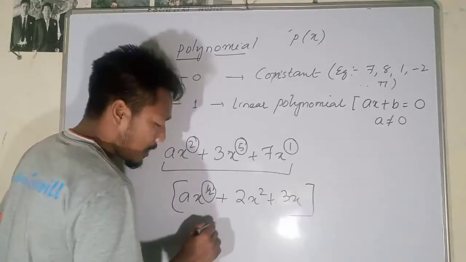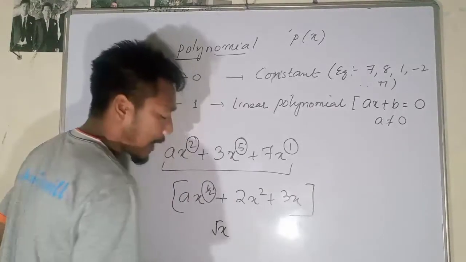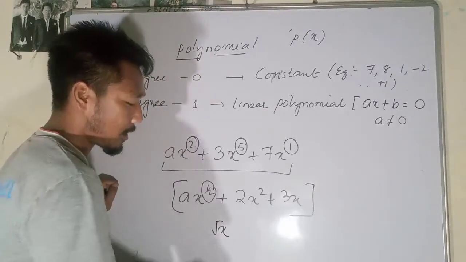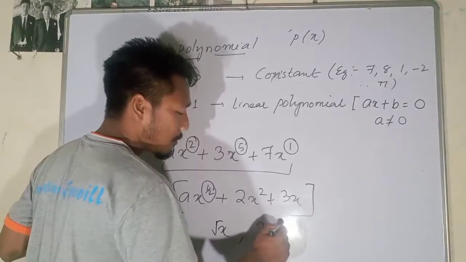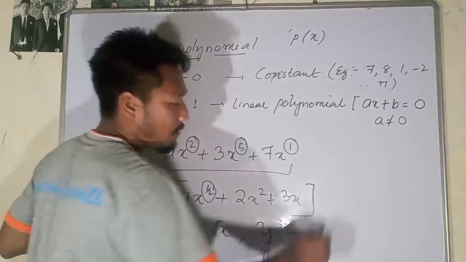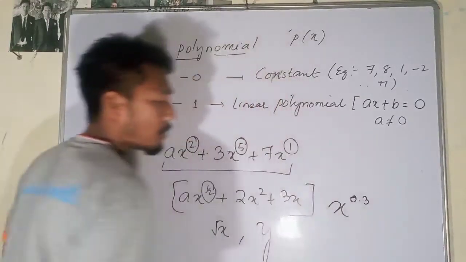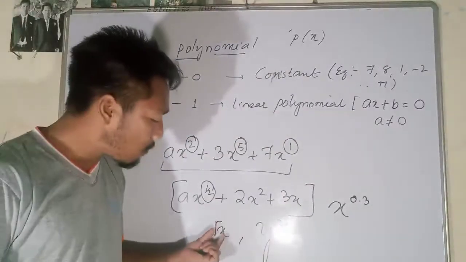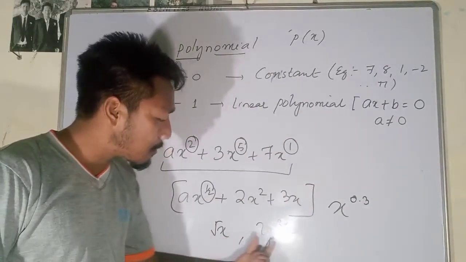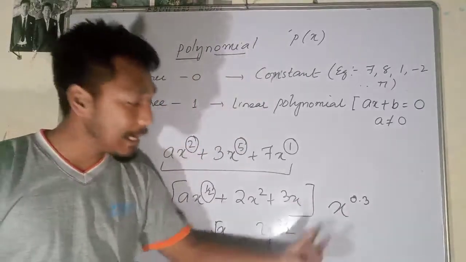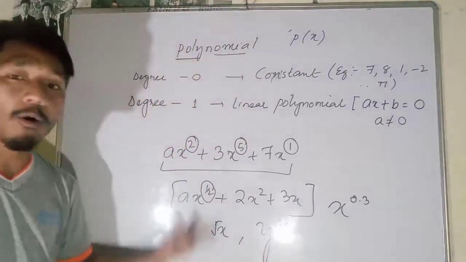Or if you say x to the power root x, it is also not a polynomial. If I say y to the power 3/2, it is also not a polynomial. If I say x to the power minus 0.03, it is also not a polynomial. Why? If you check the degrees in these equations, they are not whole numbers.